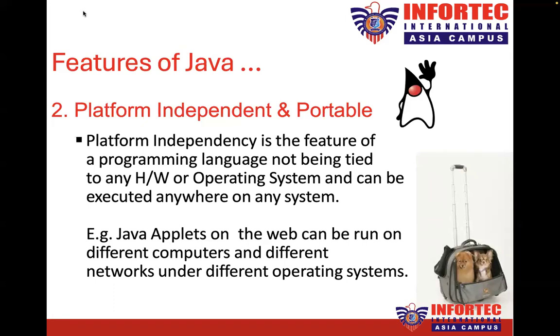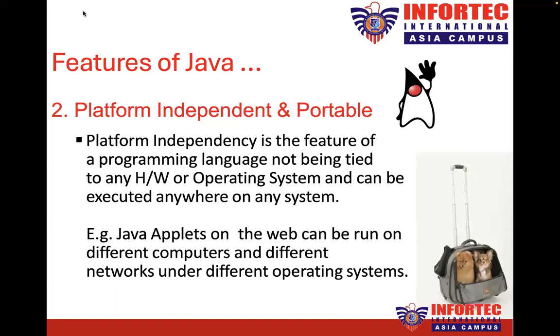But now we have very advanced programming languages. No need to worry about that. We can do this computer programming on any platform. No matter what operating system you are using, no matter what processor you are using, no matter what device you are using, you can simply use this Java programming language for each and every platform.